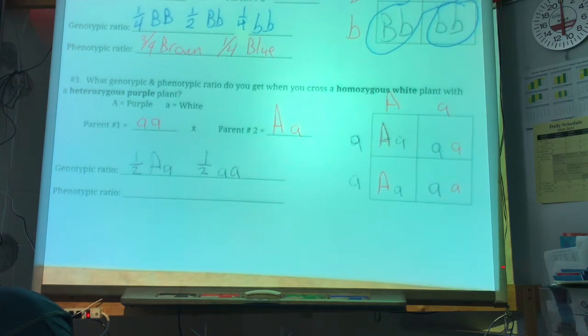So our genotypic ratios, 2 out of 4 or 1/2 of them are going to be big A, little a, and 1/2 or 2/4 are going to be little a, little a.